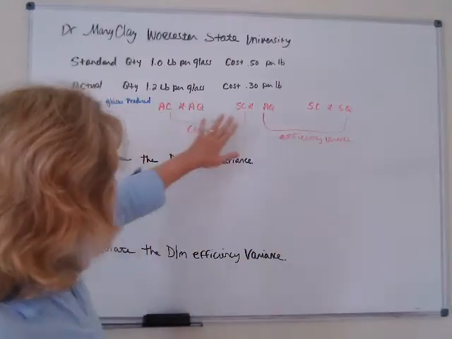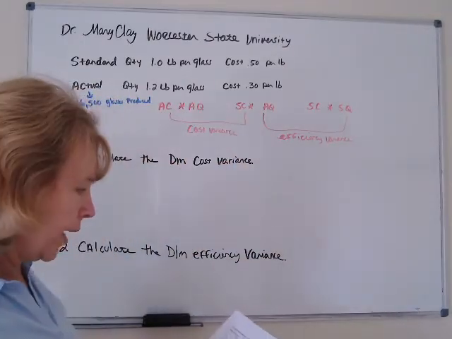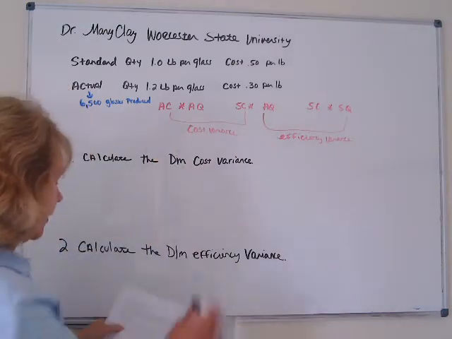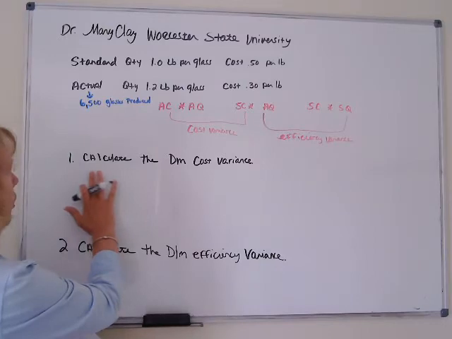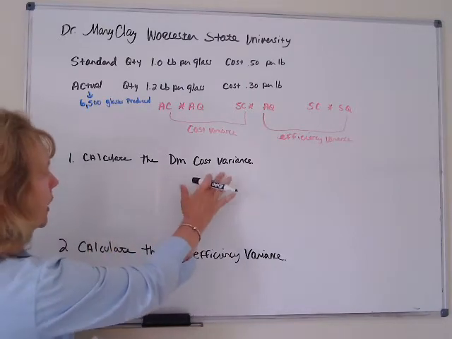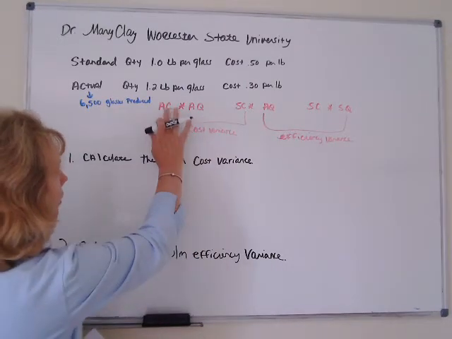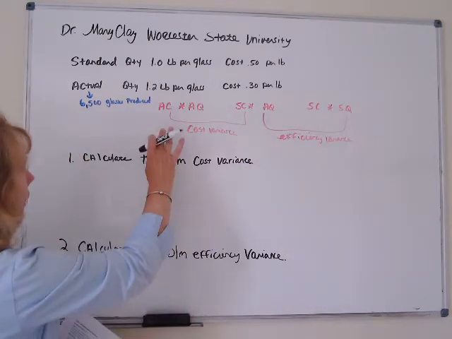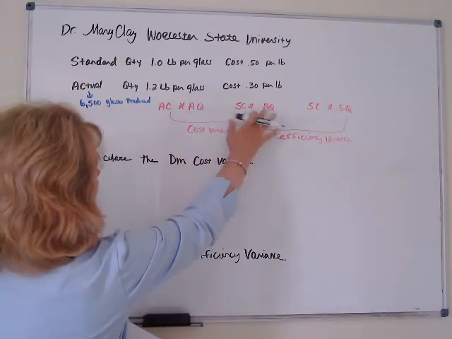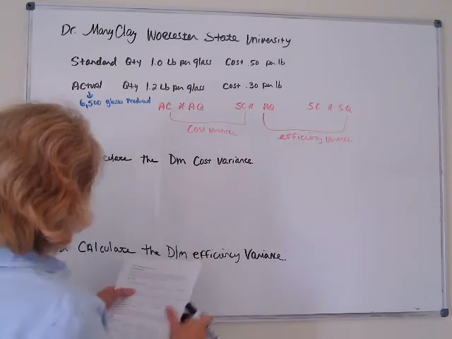All right, now we're going to start working on our equation. I'm going to go back to this, and I'm just going to show you the way that you would break this down the same as the lab. The first question, calculate the direct materials cost variance. Well, I need from here to here, so actual quantity is exactly the same.